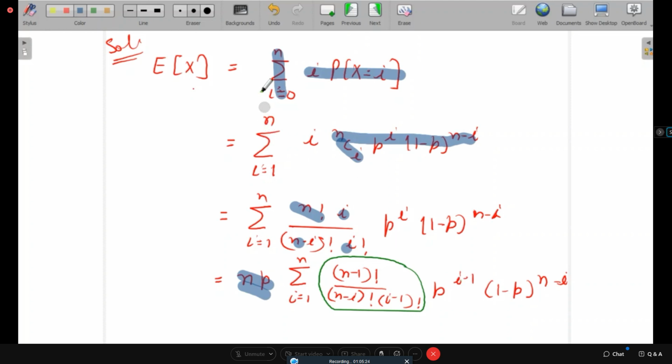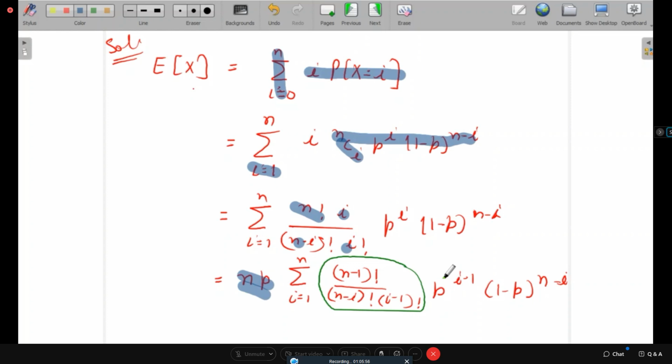Now see, the first sum has i equals 0 to n, and the second sum has i equals 1 to n. Why? Can anyone tell? If you noticed, I have i equals 0 to n, and in the second sum I have i equals 1.